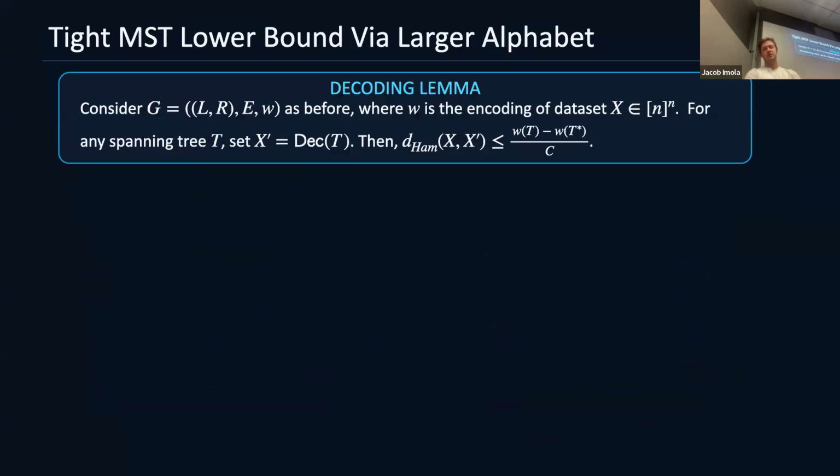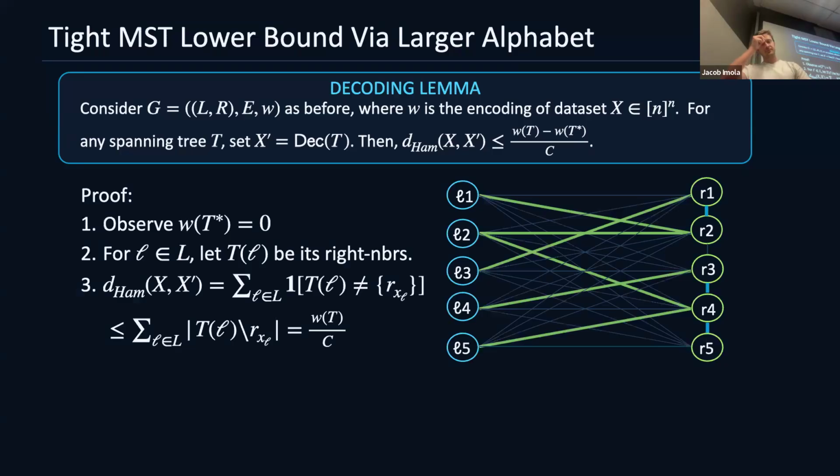So the lemma that we can prove is that if we encoded a graph in this way into the weights of a bipartite graph, then for any spanning tree that was possibly returned, we attempted to decode that. And we know the Hamming distance of the decoding is at most the additive error of this tree: the weight of the tree minus the weight of the optimal tree, divided by C. C is the factor by which we blew up the weights.